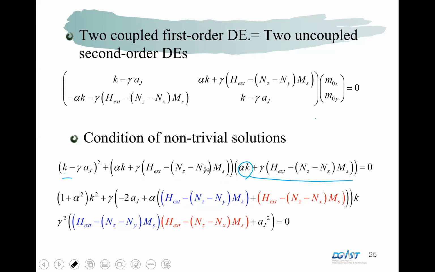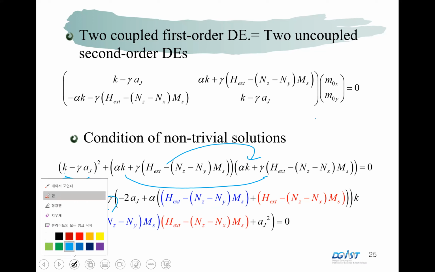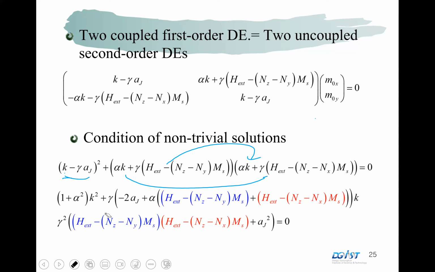Okay. And how about the linear term? The linear term came from here, from the multiplication of this term and this term. So we collect the gamma outside of the equation. Then this one came from here, and this came from here and here.